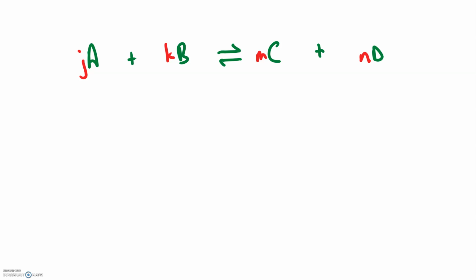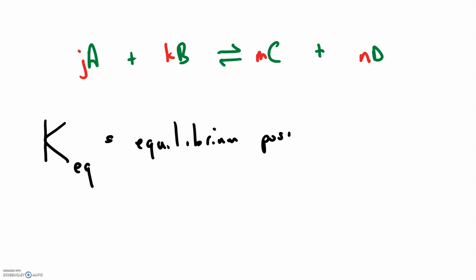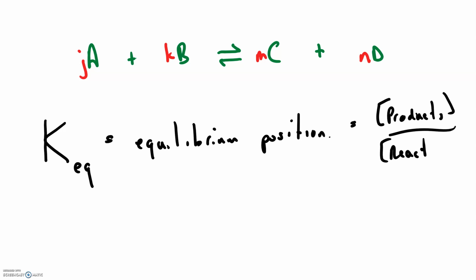So, at equilibrium, we're going to represent equilibrium with this letter K. A lot of people call that K sub EQ. We're just going to say K. This is the equilibrium position. It is the ratio of products to reactants when we reach equilibrium. So we're always going to put reactants on the bottom and products on the top.